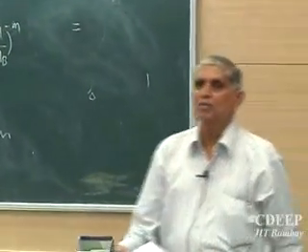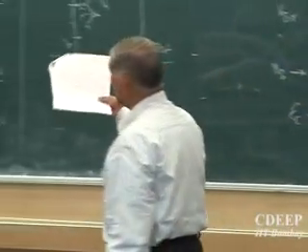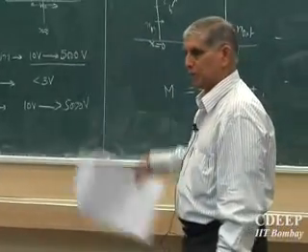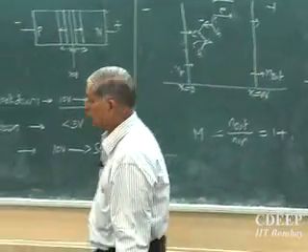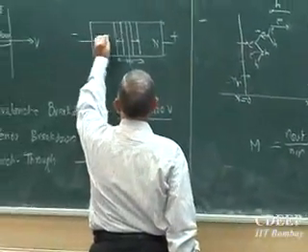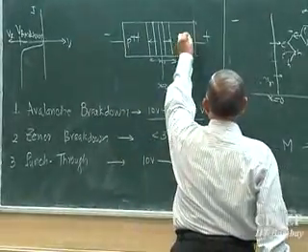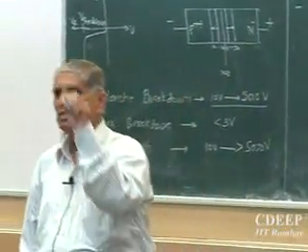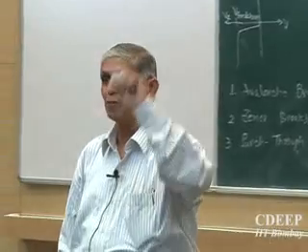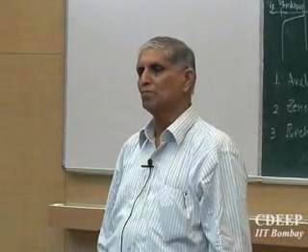Now, this is the first mechanism of breakdown. Can you think of the third one directly without even going to the second one? Just look at the situation, please. If this is very, very heavily doped, and this is very lightly doped, minus means lighter doping, plus means heavier, where will the maximum depletion come?